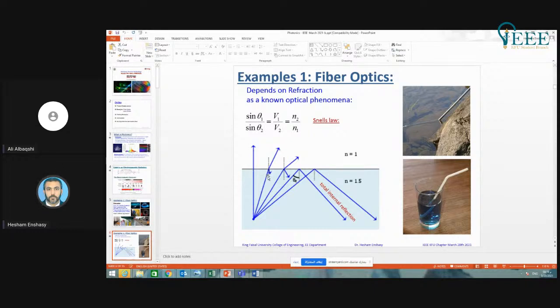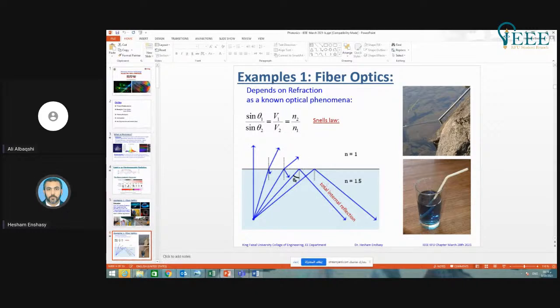Once you bend the light and this theta 1 starts to increase, then the refraction will increase and increase until one angle where the light will be totally reflected back. So the light will be reflected back inside the medium, and no light will exit this surface.